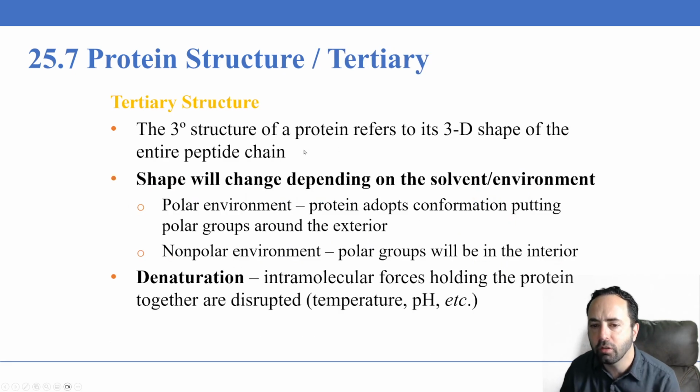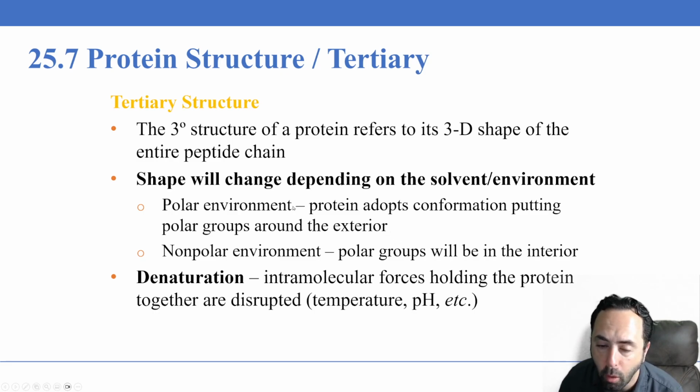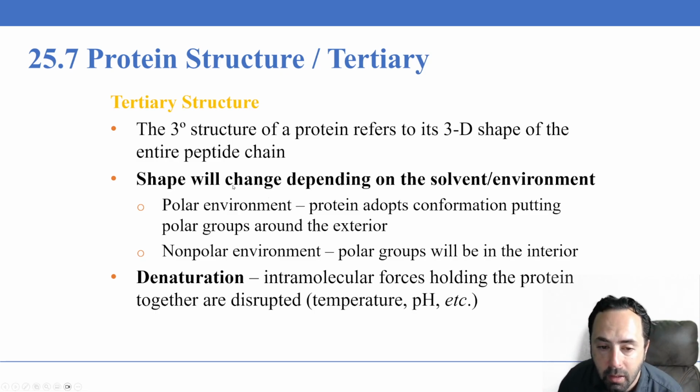So the tertiary structure of the protein refers to the 3D shape of the peptide chain, which is driven again by interactions of the side chains, generally with the solvent. Remember that some of these side chains are polar and some are non-polar. The ones that are polar are going to be on the exterior of the protein, because that's where the water is, and they're going to be attracted to the water.